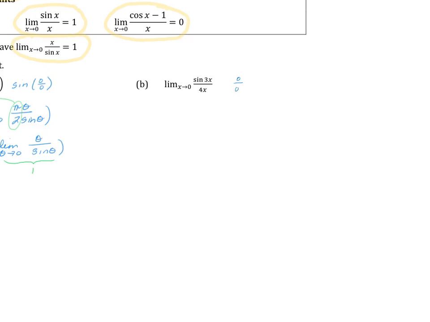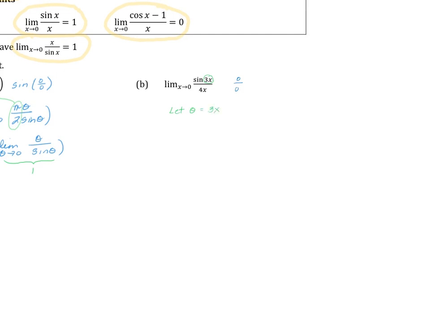So in this particular case, we're going to do a substitution. The problem that I'm having with this expression is the argument on sine. It's not just x, it's 3x. So I'm going to do a substitution. I'm going to let theta equal 3x.